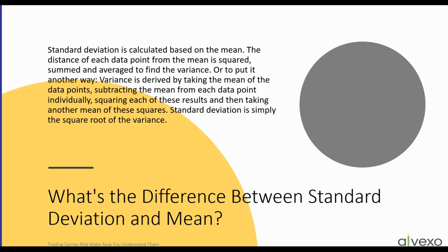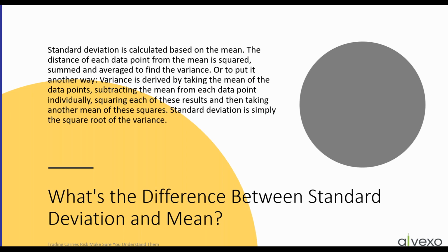The distance of each data point from the moving average is squared, summed, and averaged to find its variance. So that's where it gets very mathematical. Or to put it another way, variance is derived by taking the moving average of the data point, subtracting the moving average from each data point individually, squaring each of these results, and then simply taking another moving average of the squares.